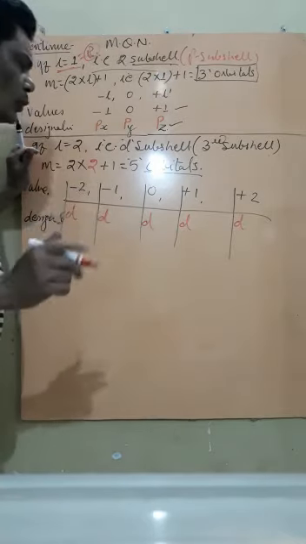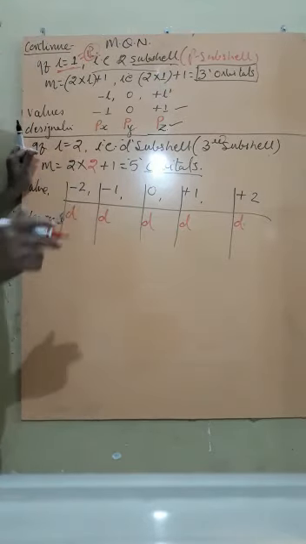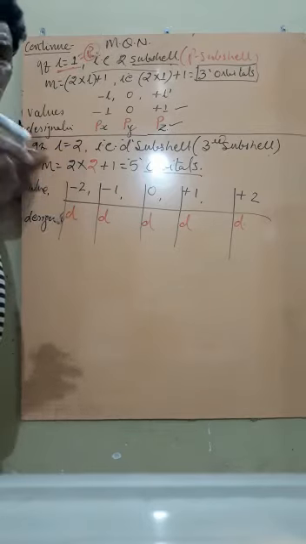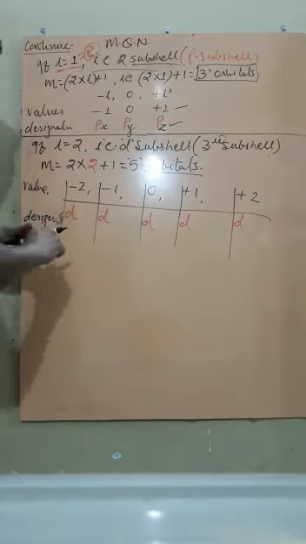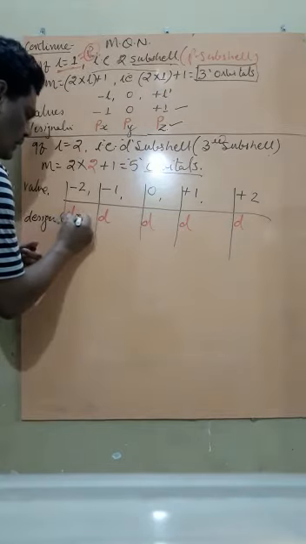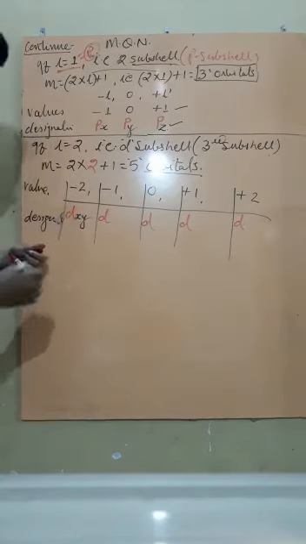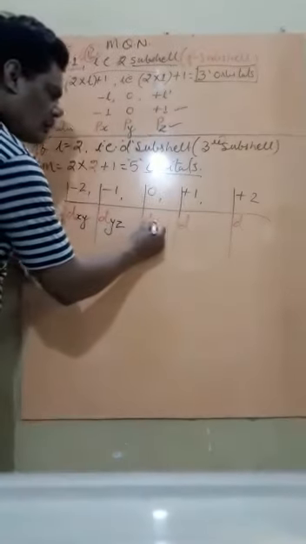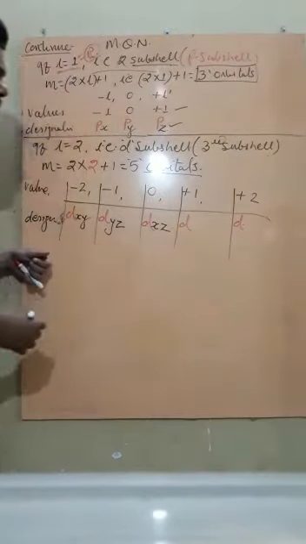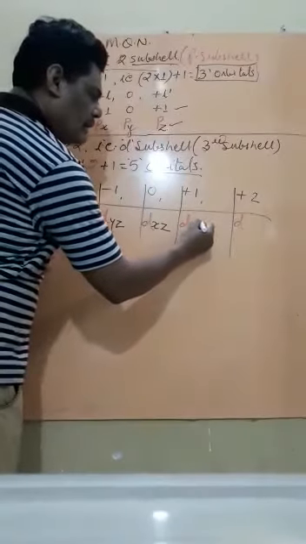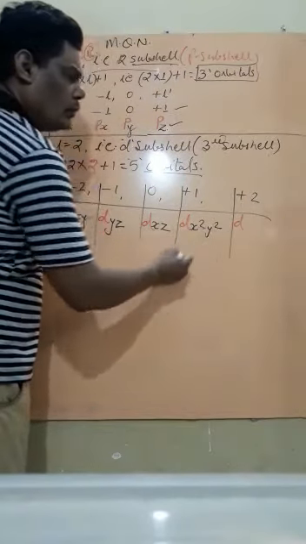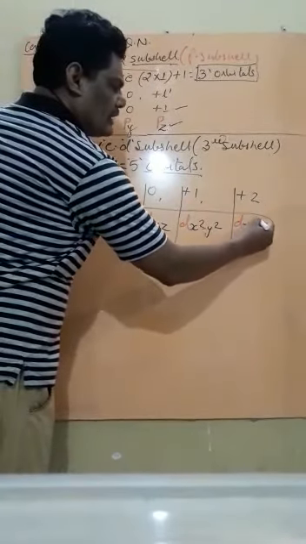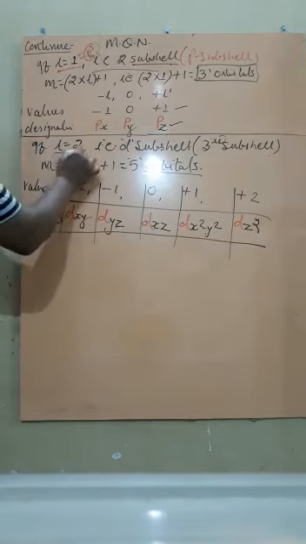The coordinates are X, Y, Z. So if they belong to 2 coordinates, the first orbital will be oriented in dxy, the second in dyz, the third in dxz, the fourth in dx2-y2, and the last one in dz square. This is called the designation. Are you getting? This is about L is equal to 2.